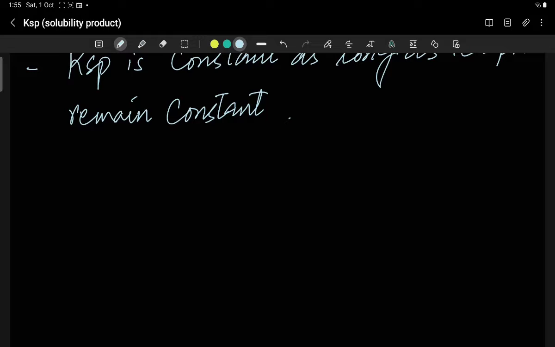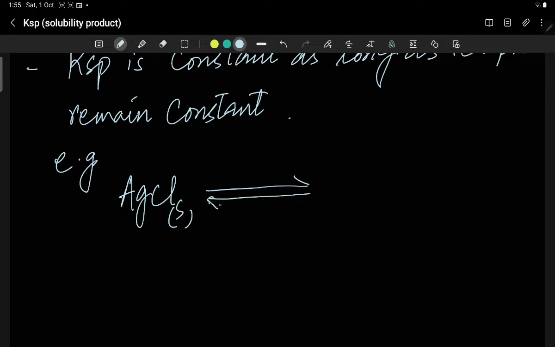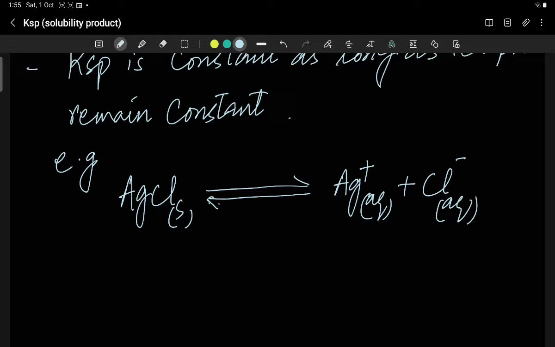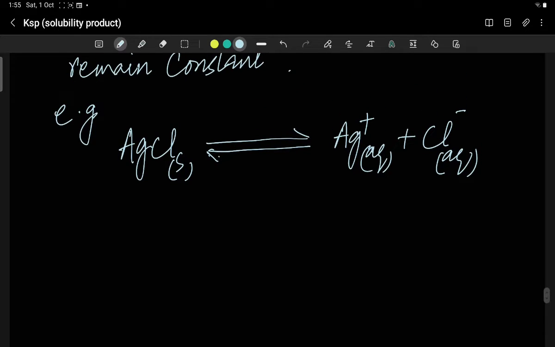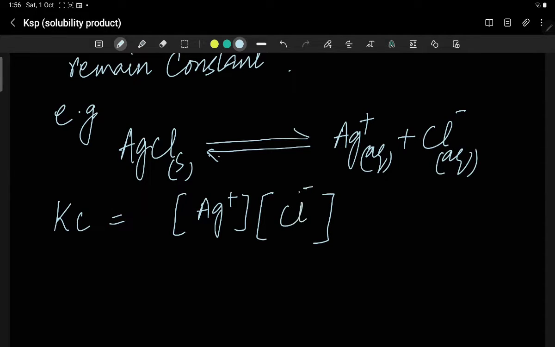For example, if we have silver chloride solid, an insoluble salt, in equilibrium with Ag positive aqueous plus chloride ion aqueous, then Kc is equal to the concentration of silver ion times the concentration of chloride ion, divided by the concentration of silver chloride solid.